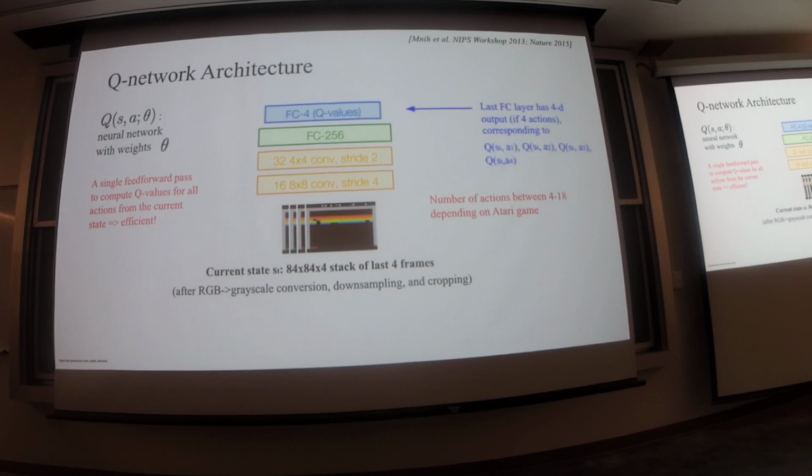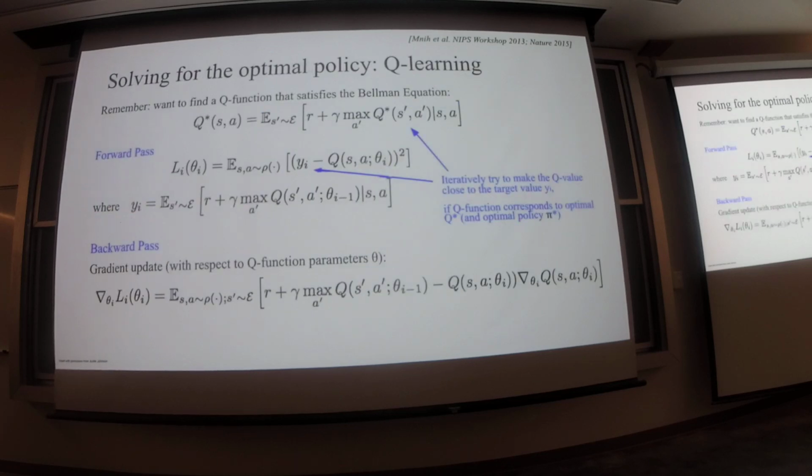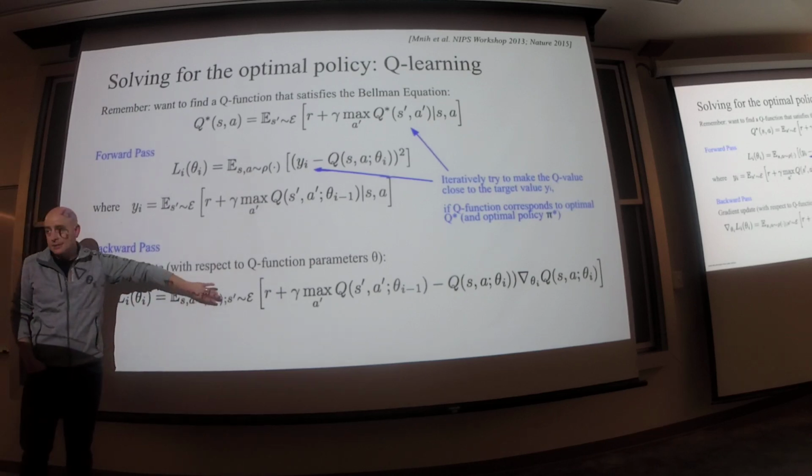Could you go back to the previous slide? Yeah, this is the equation. Here, I think we already assumed that the computation of yi is infeasible because we have so many possible future pairs. Then how could we compute y here? Yeah, so what you do is you do this over mini batches.